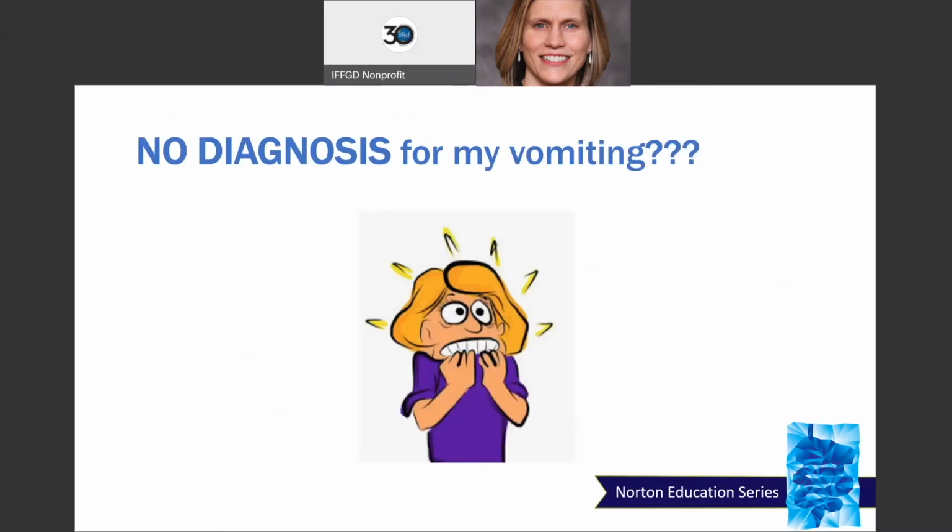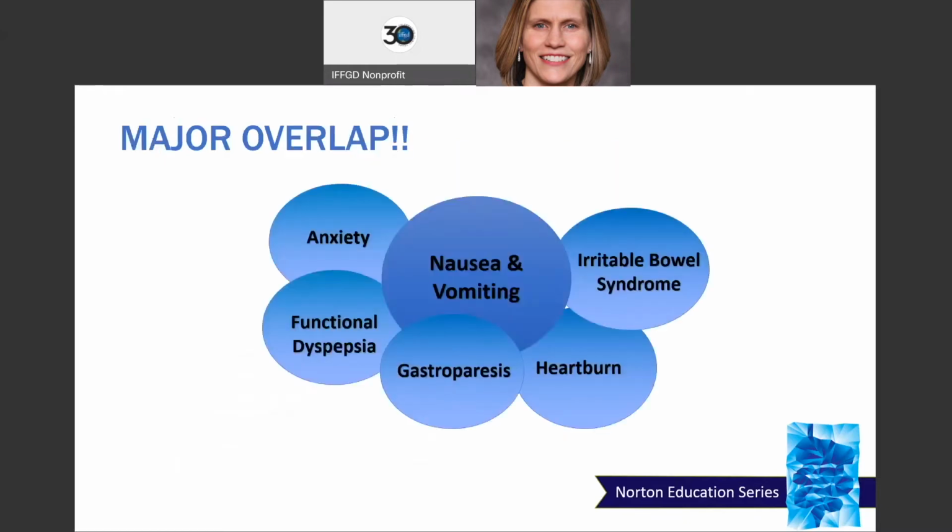Who knows? This is the intricacies of functional GI disorders. There's all this overlap between different types of disorders: gastroparesis, functional dyspepsia, anxiety comes into play, irritable bowel syndrome may overlap, and patients may be diagnosed with heartburn because they regurgitate things. Things are not emptying, the stomach doesn't function properly. Is it stiff? Is it not emptying? What's going on?